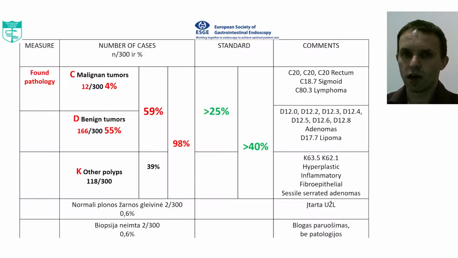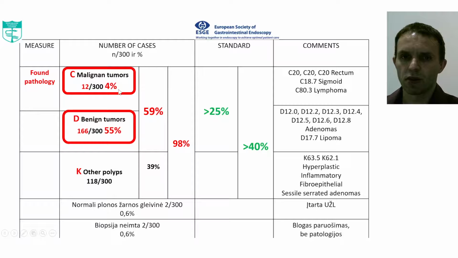I would like to share our results in finding malignant and pre-malignant lesions. During the first 300 colonoscopies done in our day surgery center, we found 12 cancers, which is 4% of all the pathology.